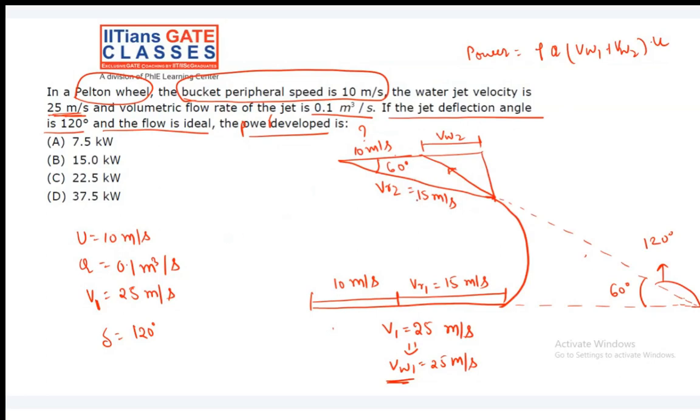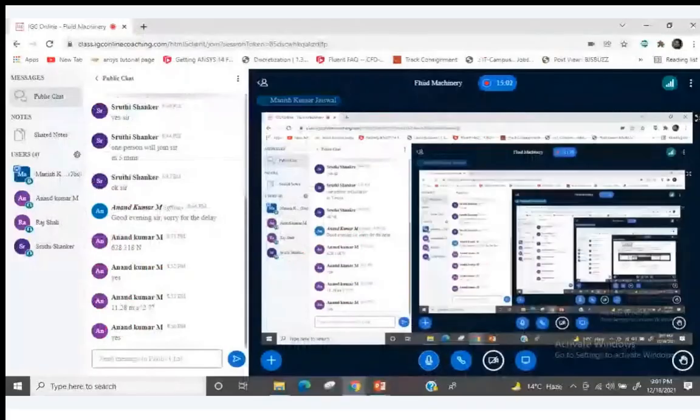vr2 cos 60 minus 10. Please do that. 15 cos 60 minus 10. What is this value? What is 15 cos 60 minus 10?